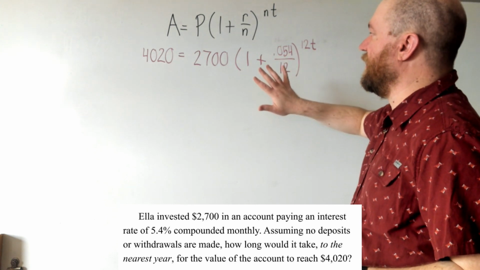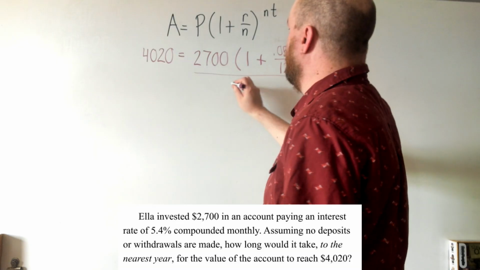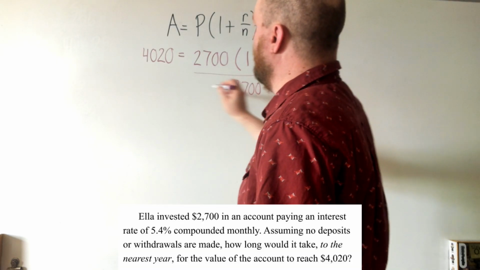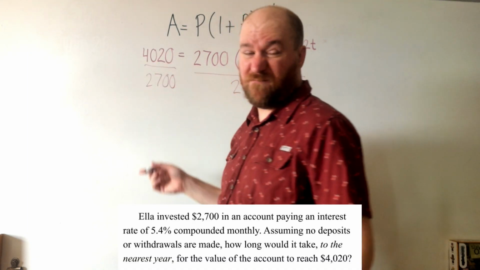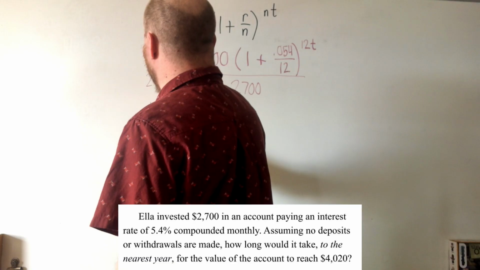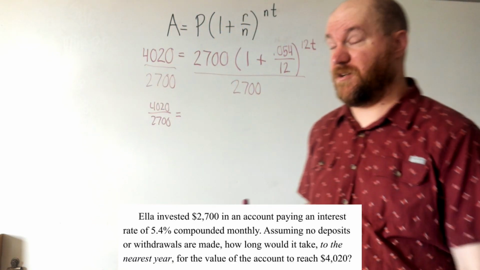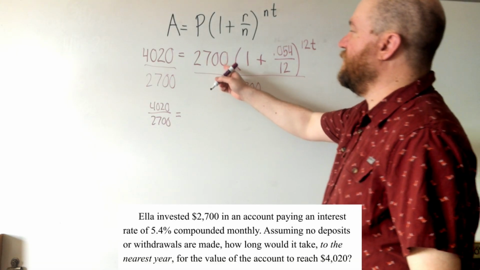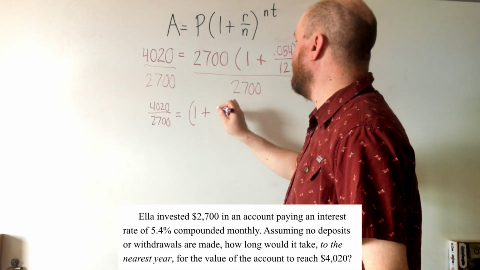But we'll save that for a second. Let's divide by 2700. So 2700 is divided on both sides. I'm not going to calculate that. I'm just going to leave it as a fraction. 4020 over 2700. We'll save that calculation for later. And if we divide by 2700, what's left over here is all this parentheses stuff.